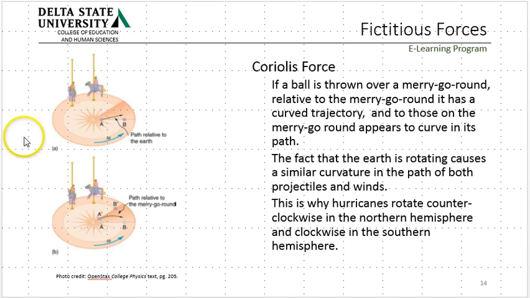And this is because this is Coriolis force, right? The force that makes hurricanes turn in a circle, the force that makes a ball curve when you throw it really far.